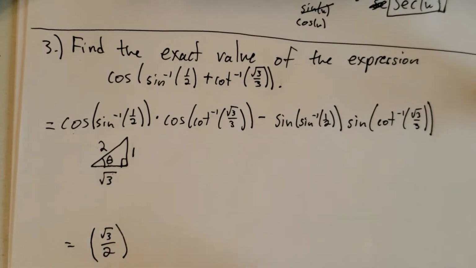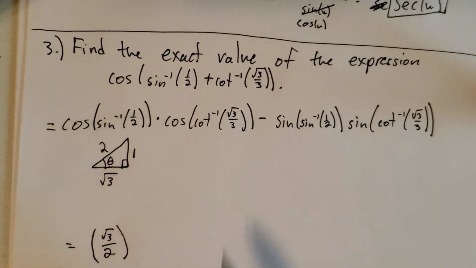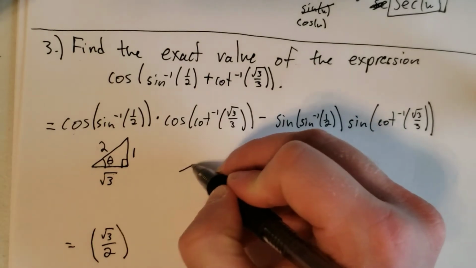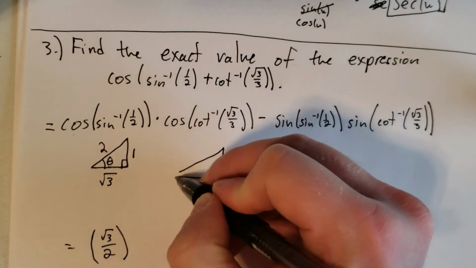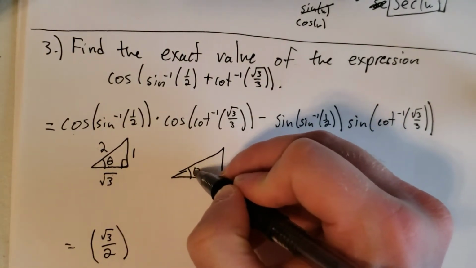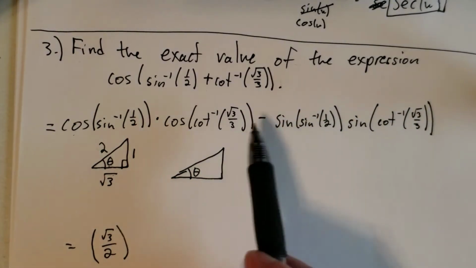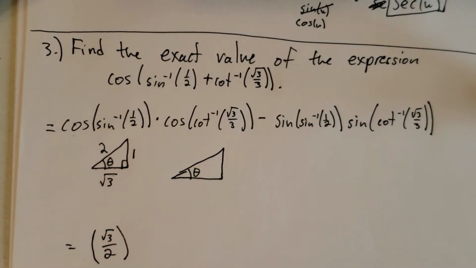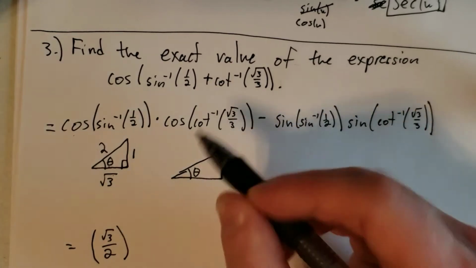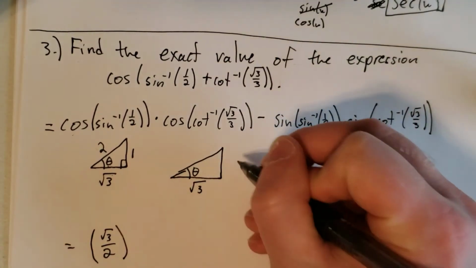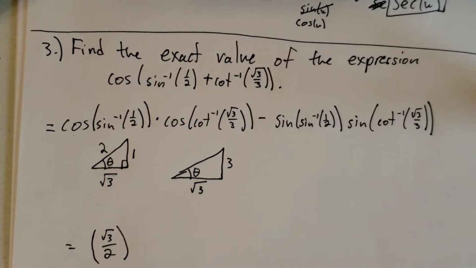Okay, we're going to do the same thing for cosine of cotangent inverse of root 3 over 3. What does that mean? That means there is some angle theta where cotangent of that theta is root 3 over 3. Cotangent is adjacent over opposite. So the adjacent side is here, the opposite side is here.